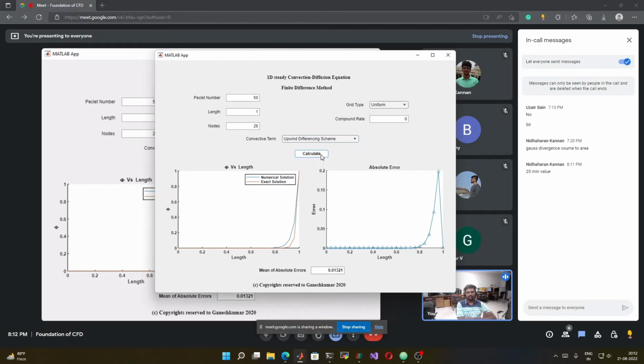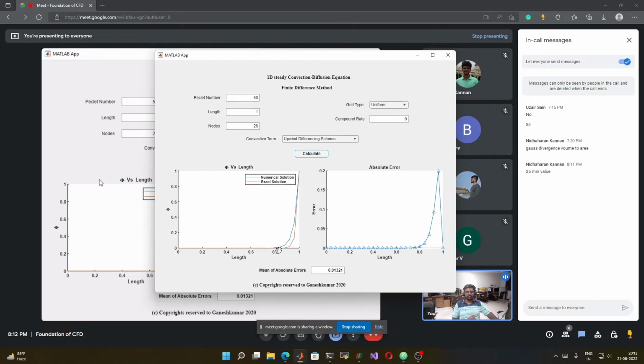But the problem with upwind is, you see there is a lot of errors, right? So for a Peclet number 50, your solution is here, the red one, but the blue one is the numerical solution, and you can simply see that it is more diffusive, right? If Peclet number is 50, convection flux is 50 times more than the diffusion flux.